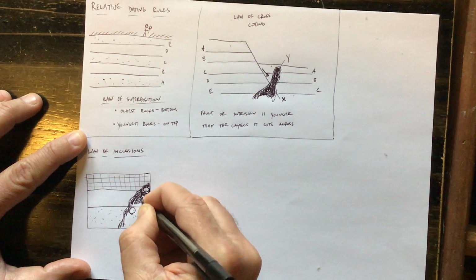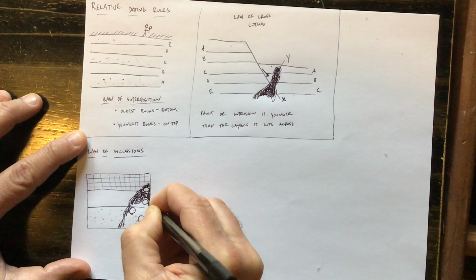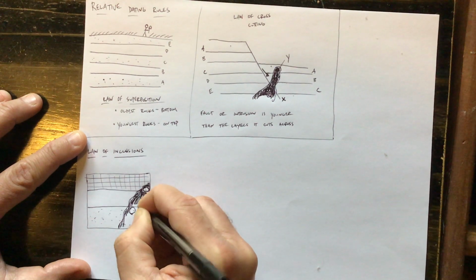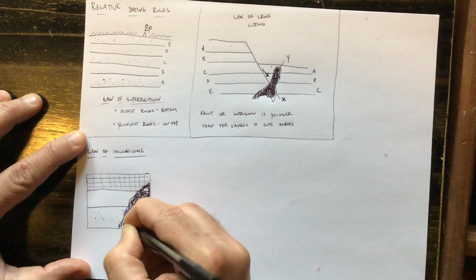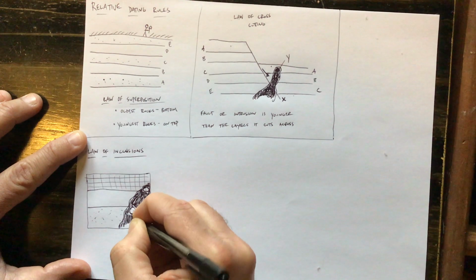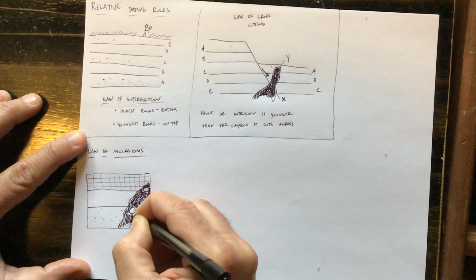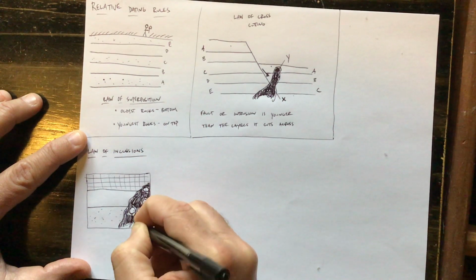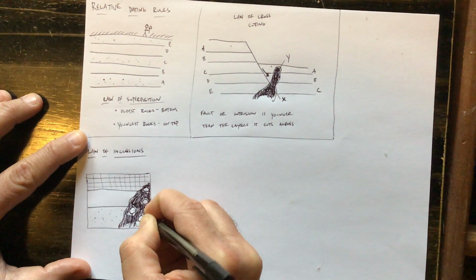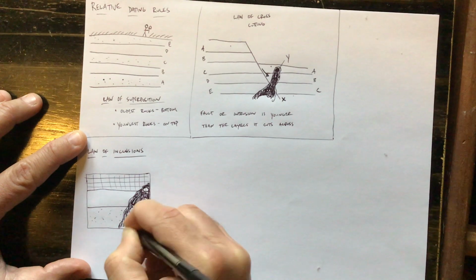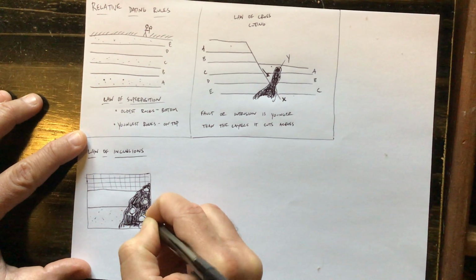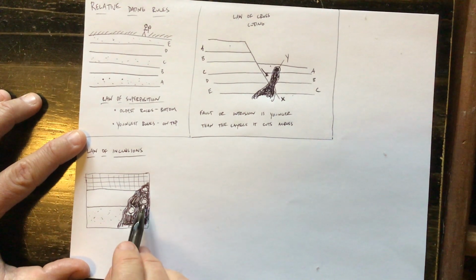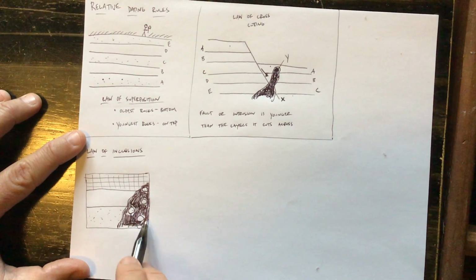And so when a layer contains fragments of another layer, the fragments have to be older than the intrusion in this case. So you could tell that the igneous intrusion is newer in this particular case based upon the law of cross-cutting and the law of inclusions, because it contains part of the cross-hatch layer, part of the white layer, and then part of the dotted layer.